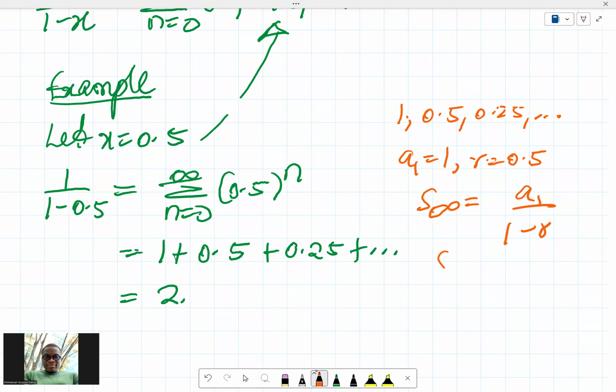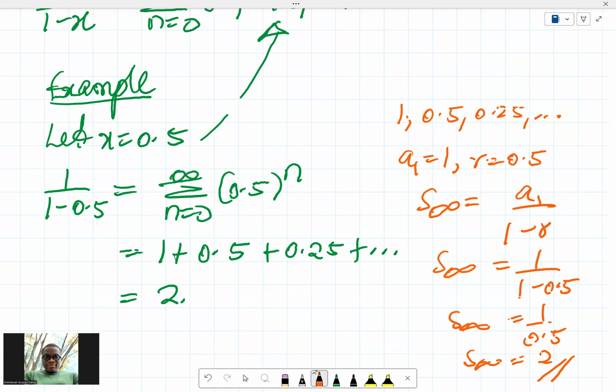So the sum to infinity is equal to 1 divided by 1 minus 0.5, which is simply 1 over 0.5, and that is simply 2. So you can see the idea of geometric series is coming up in this situation. So that works perfectly.